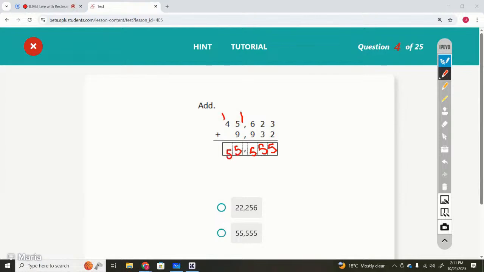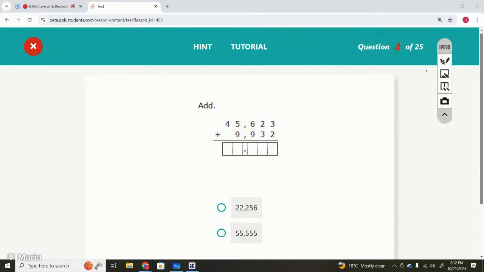That is 55,555. Option number 2 is the correct option.